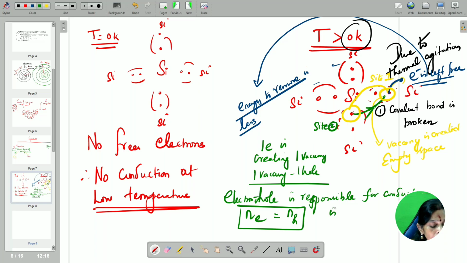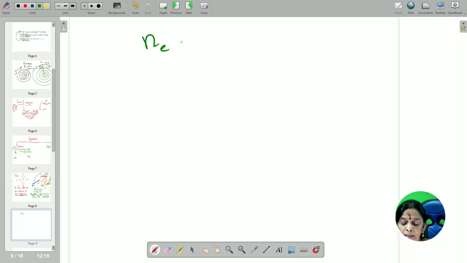Ne is equal to Nh. Ne is called the number of intrinsic charge carriers, Ni, which is nothing but the number density of intrinsic charge carriers.